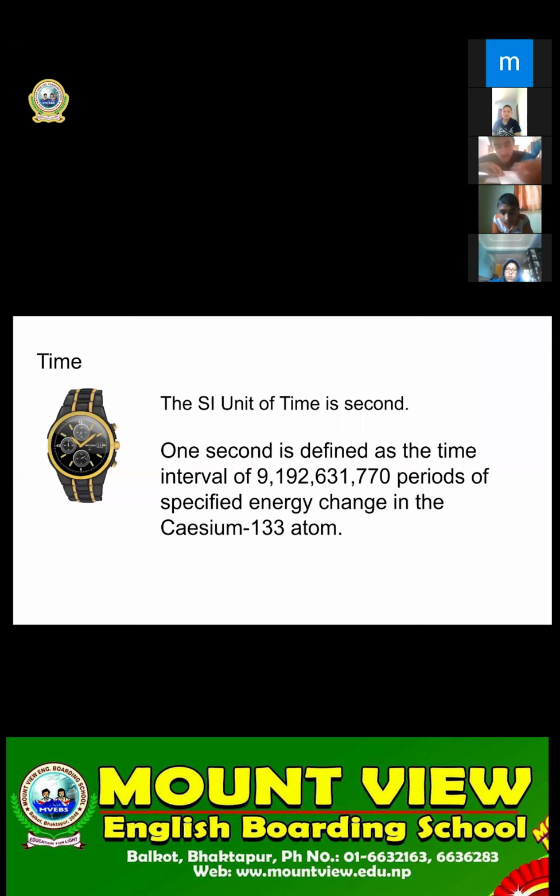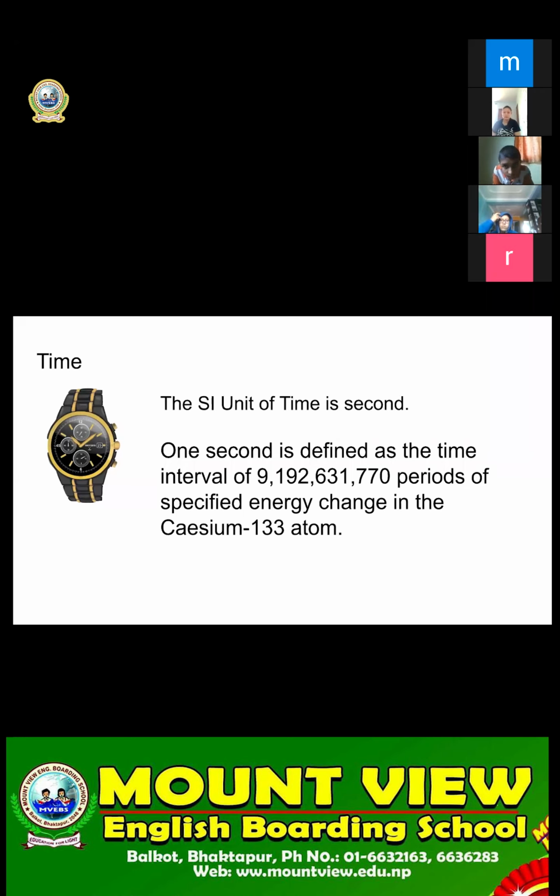This means you understand that the cesium-133 atom vibrates so fast. It can make a large number of vibrations in a very short time. Even 1 second we do not notice. But in such an interval of time, the cesium atom makes so many vibrations, a very large number.